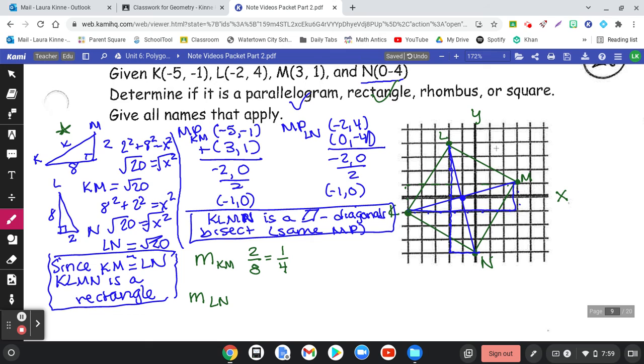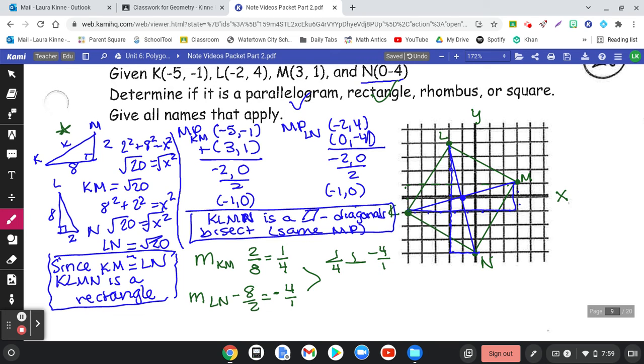The slope of LN, again, you want to go from left to right. Since L is further to the left, we're going to start there. We're going down 8 over 2, which is the same as negative 4 over 1, or just negative 4. And if you look, positive 1/4, is it perpendicular to negative 4 over 1? Are they negative reciprocals? Yeah, you flipped it and changed the sign.